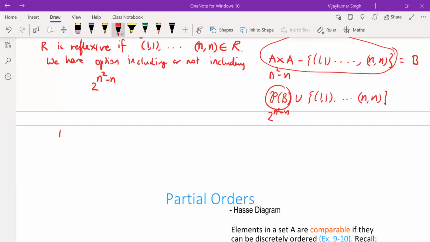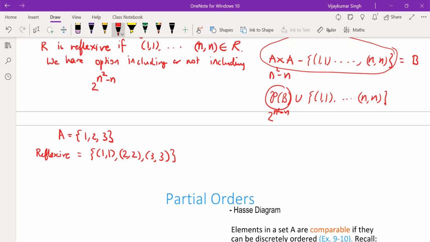So let's see why the number of reflexive relations is that, with an example. Let's take 1, 2, 3 to be my A. So reflexive relations basically are going to contain (1,1), (2,2), (3,3). These are already there.